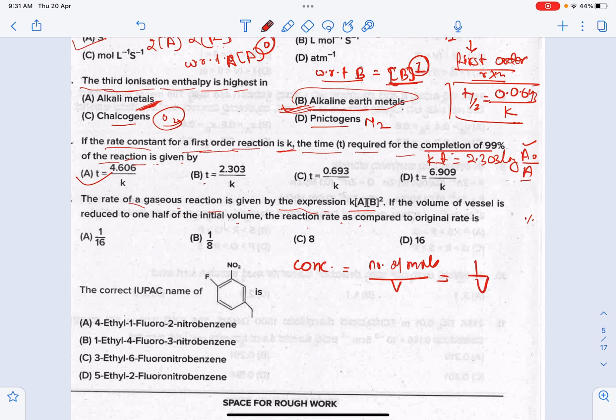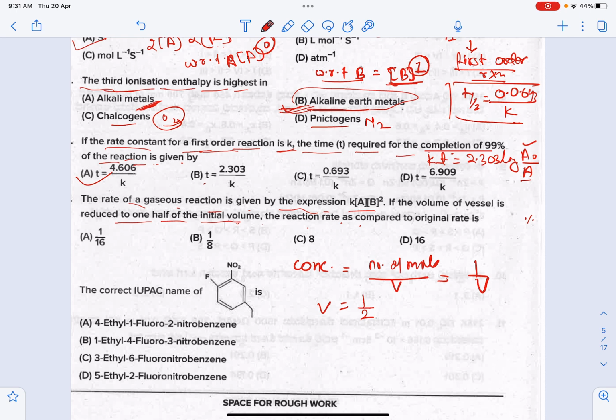The question says the volume is reduced to 1/2 of the initial volume.